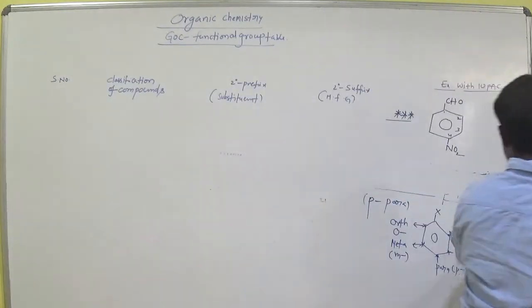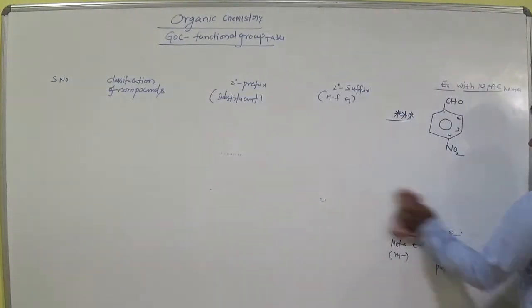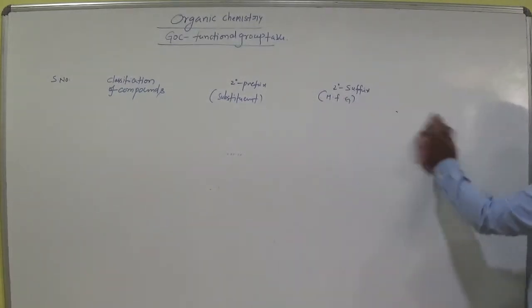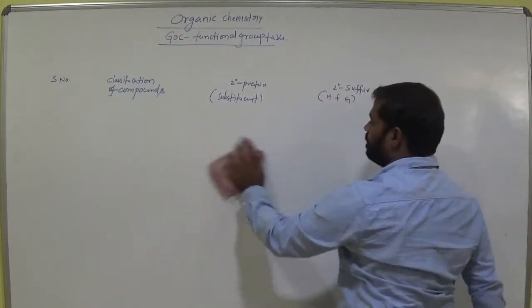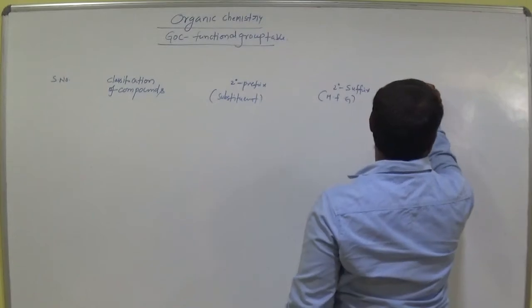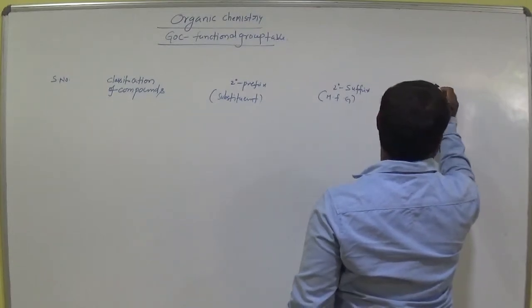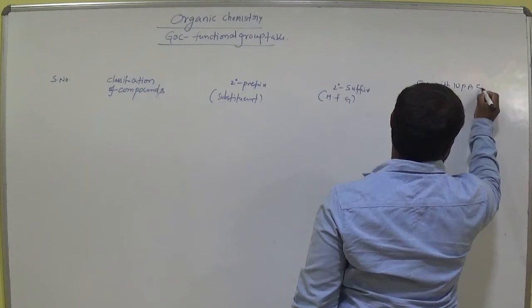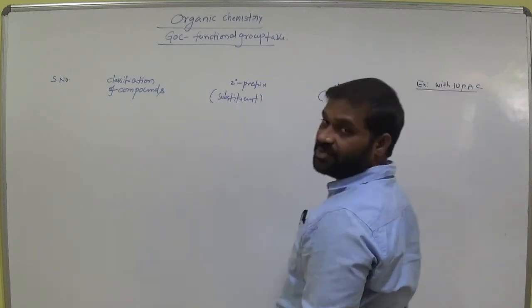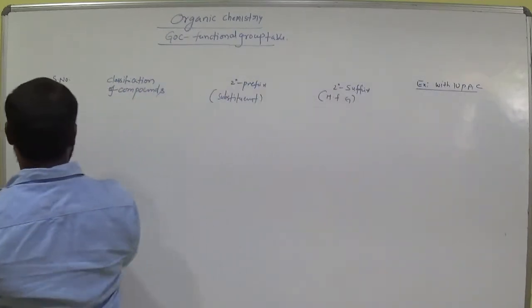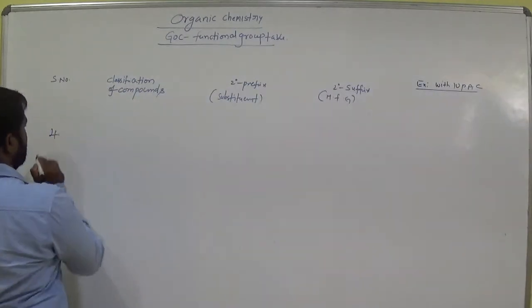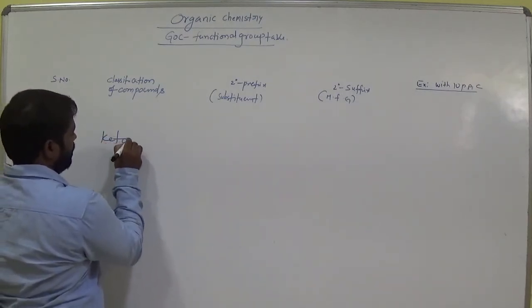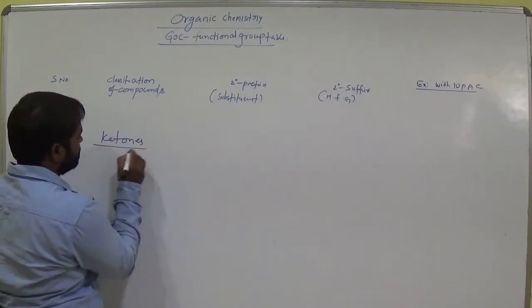After aldehyde we go for ketone. Example with IUPAC, International Union of Pure and Applied Chemistry. This fourth one is ketones.